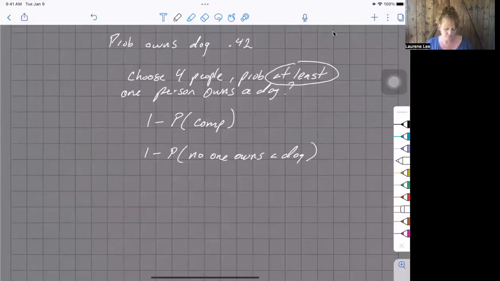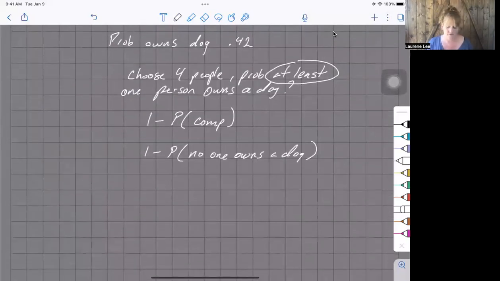So now we just are faced with a question of what's the probability that no one I choose owns a dog. Now this becomes an and problem because I'm choosing 4 people. There's more than one event. So what's the probability that I have 4 people? So I've got 4 events here. I'm multiplying, right? Choosing those 4 people and they don't own a dog.